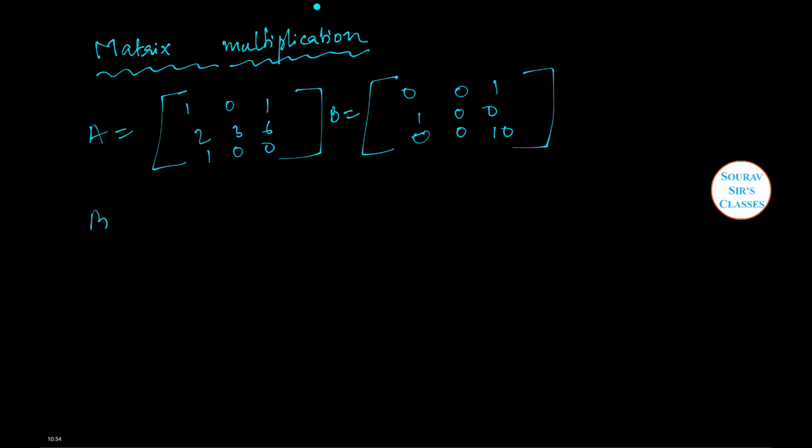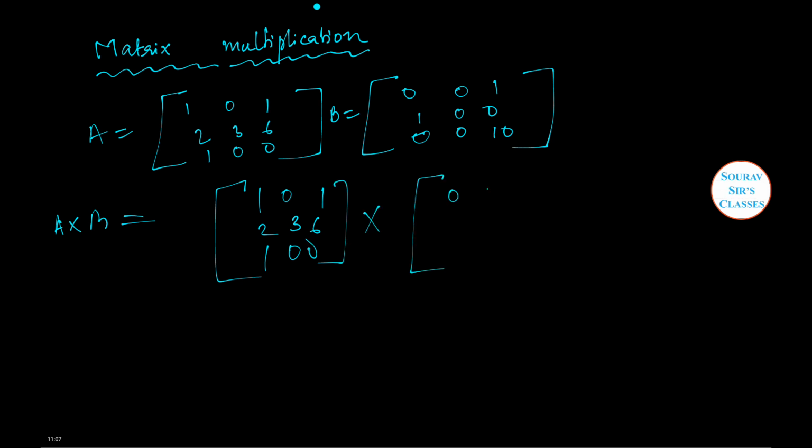Now if we need to multiply A into B, that is, 1 0 1, 2 3 6, 1 0 0 into 0 0 1, 1 0 0, 0 0 10.